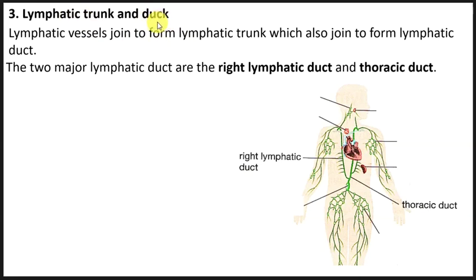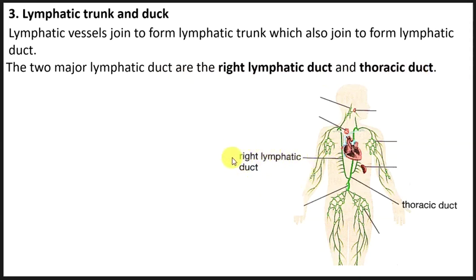And then we are talking of the major lymphatic ducts. Okay, this one was supposed to be T, my bad, sorry. So the major two lymphatic ducts are the right lymphatic duct and the thoracic duct. So these are the major lymphatic ducts.